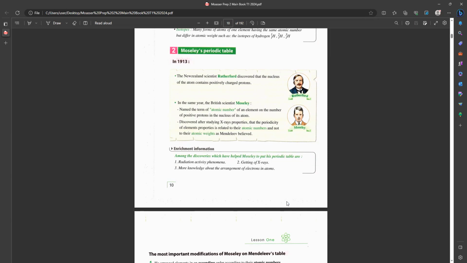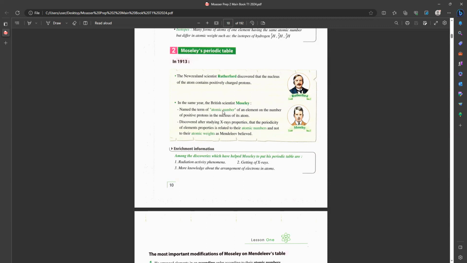But Moseley studied the Mendeleev periodic table and correctly added something to it. Moseley arranged the elements in periods in ascending order like Mendeleev, but not by atomic weight, rather according to atomic number.